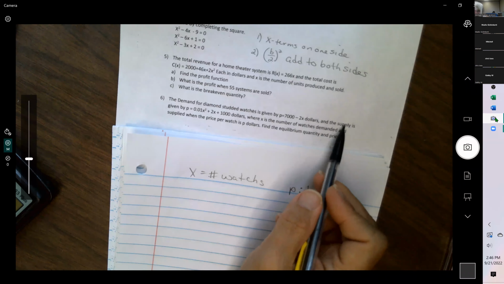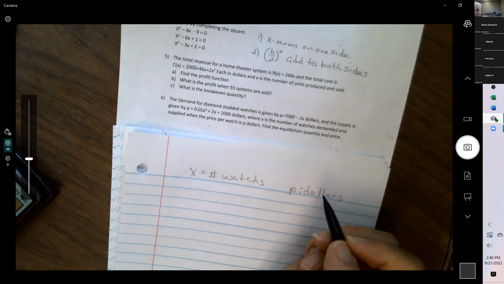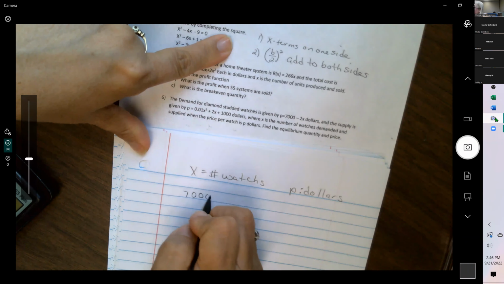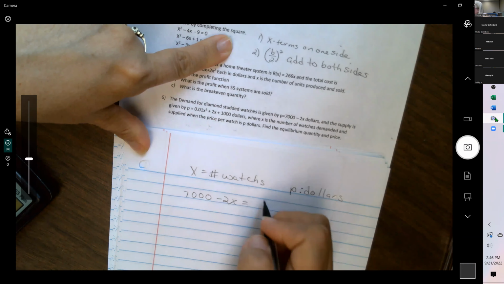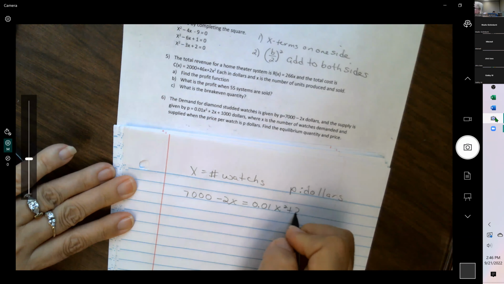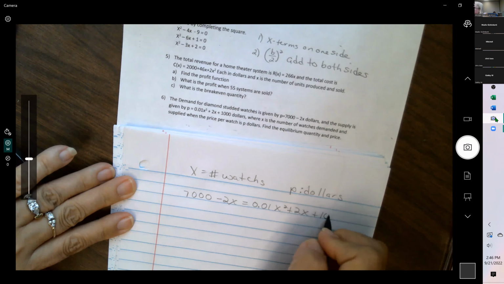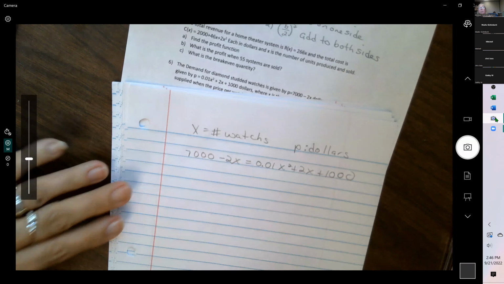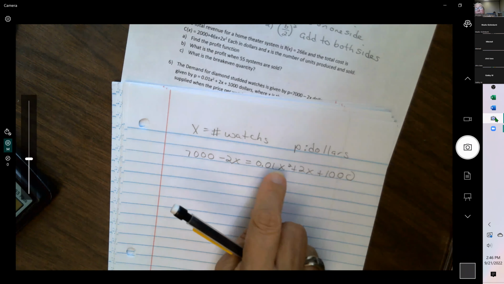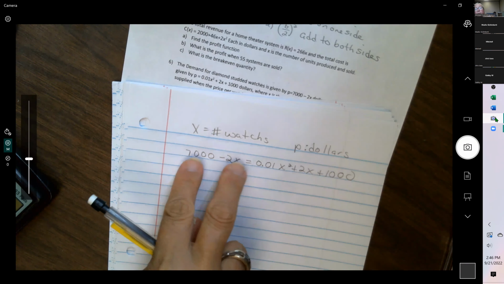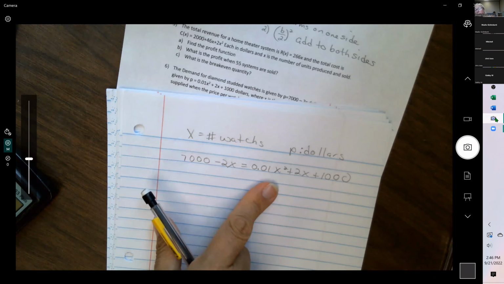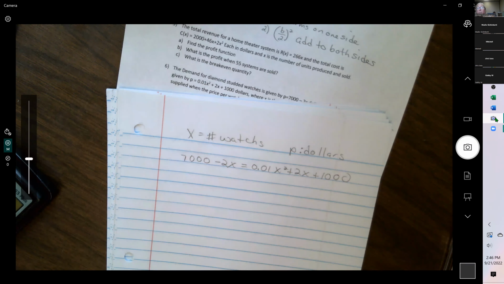Equilibrium is when the supply and the demand are equal, so we would set them equal to each other. 7,000 minus 2x equals 0.01 x squared plus 2x plus 1,000. Now you can bring them to either side. Since my x squared is positive, I would probably leave it here and add these two to the other side. Because I have an x squared, it's quadratic, you have to get it set equal to 0 before you solve.